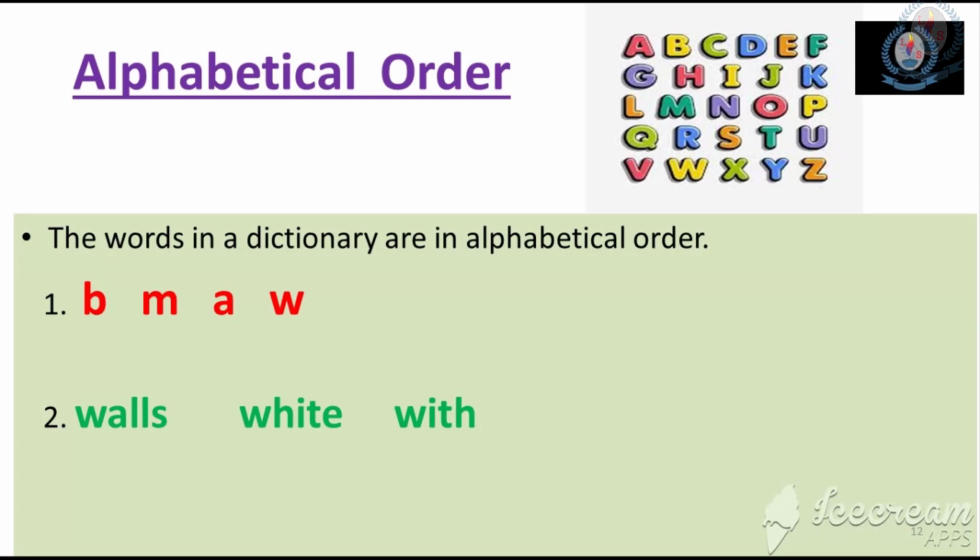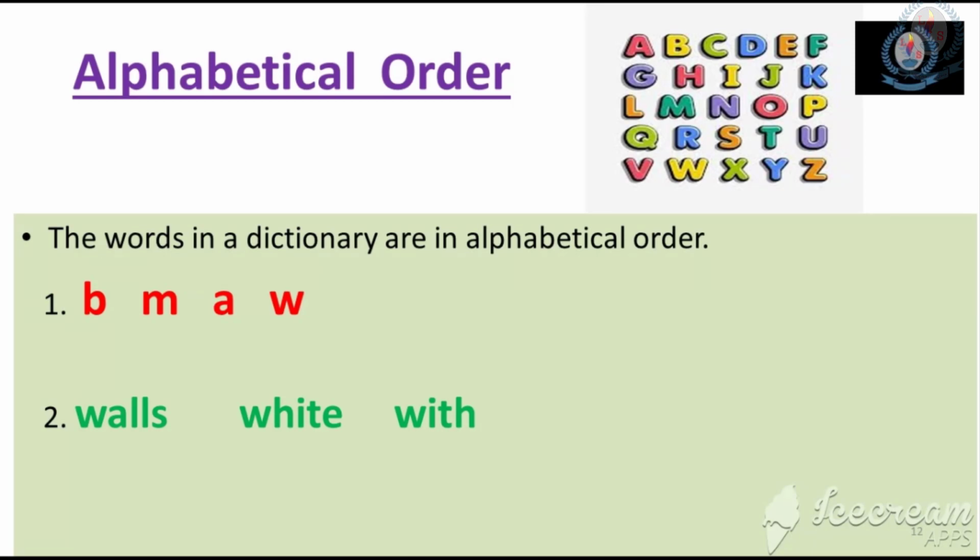Where can we find this alphabetical order? Have you used a dictionary to find difficult words? Yes. In a dictionary also you can see the words in alphabetical order. So, words starting with A come first.